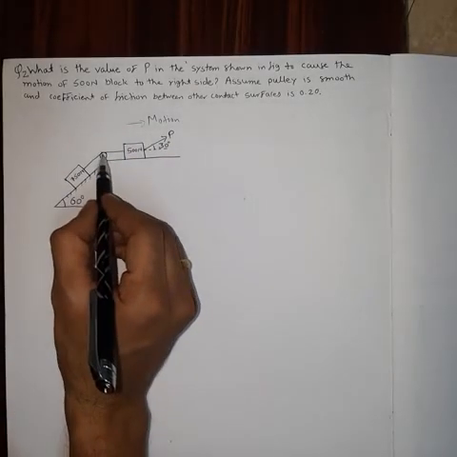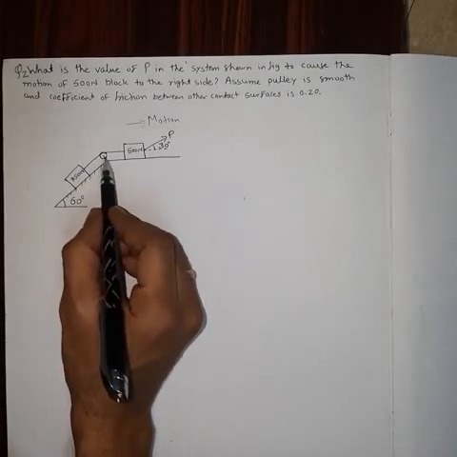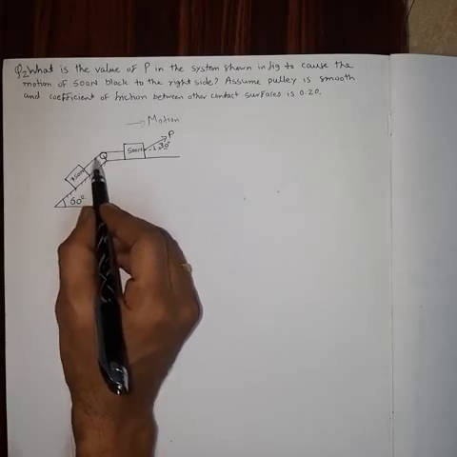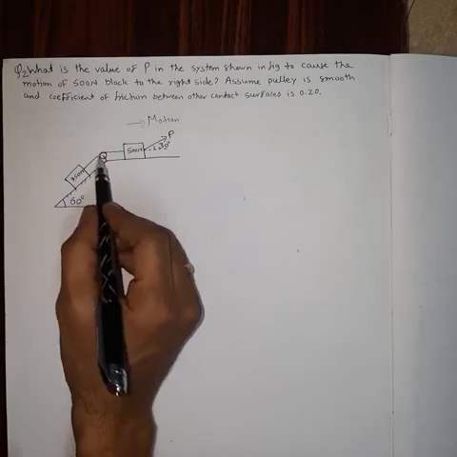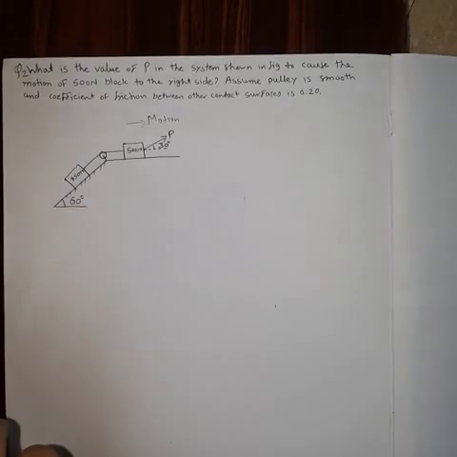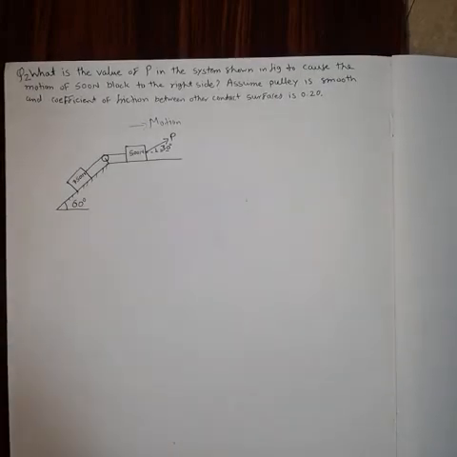Assume the pulley is smooth. So whatever pulley is there, we have to assume it as a smooth pulley. Due to this, the tension on this string as well as this string will be the same, because the pulley is smooth, so tension on both sides will be the same. And the coefficient of friction between the contact surfaces is 0.2.